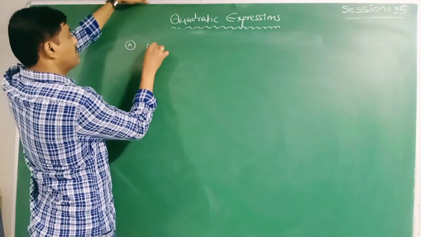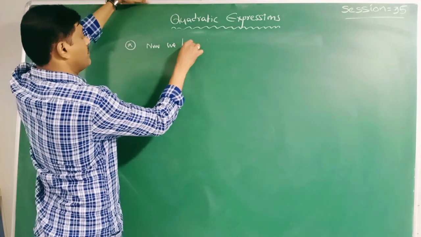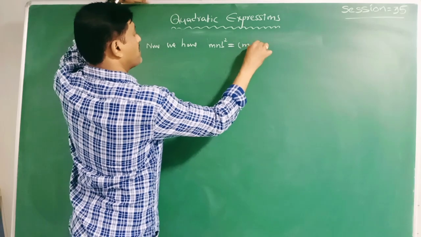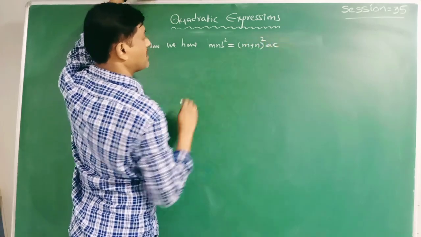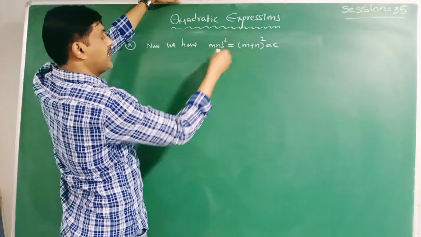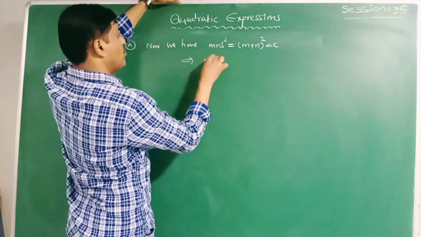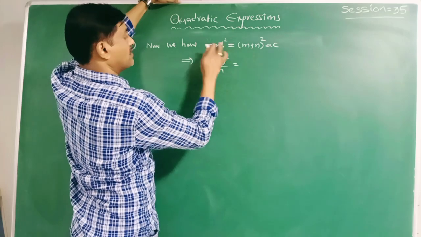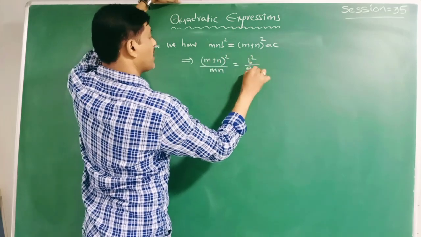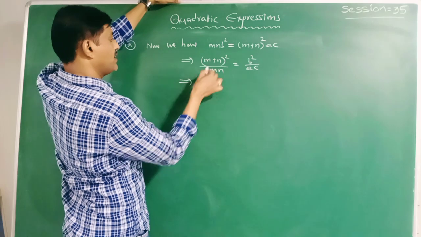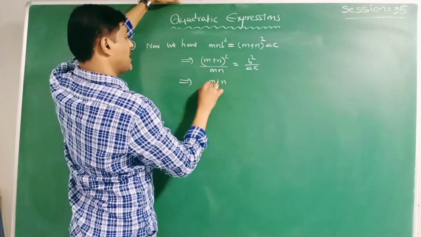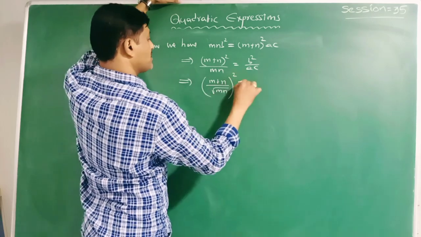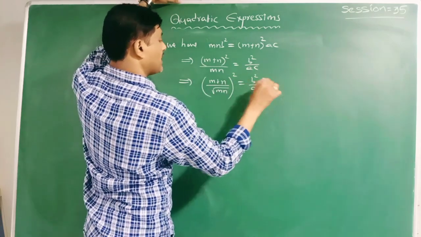Now as we have mn b square is equal to (m plus n) whole square into ac, we get (m plus n) whole square by mn is equal to b square by ac. Now we can write (m plus n by root mn) whole square is equal to b square by ac.